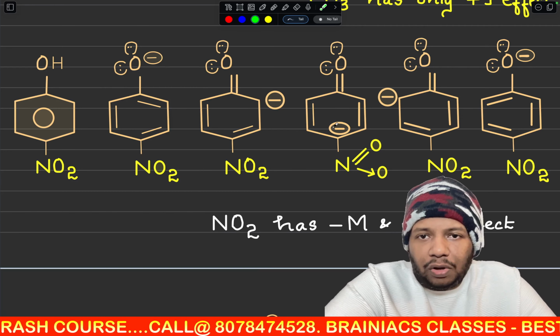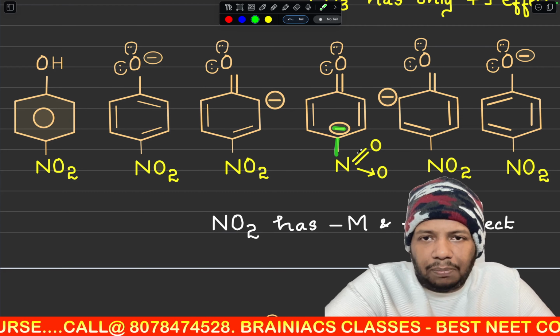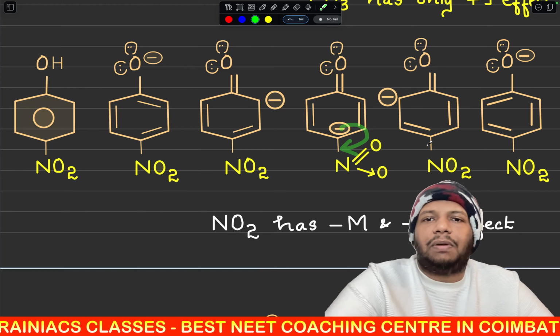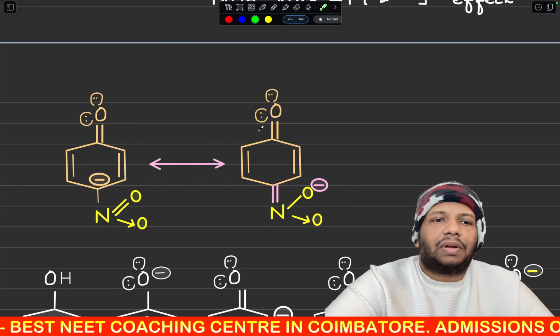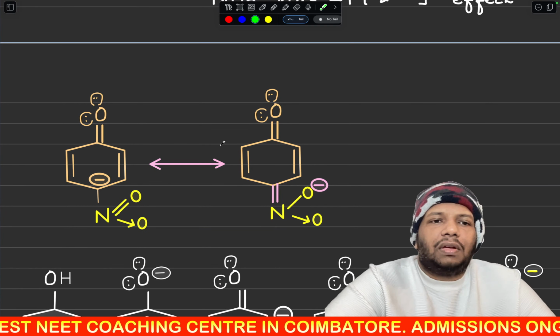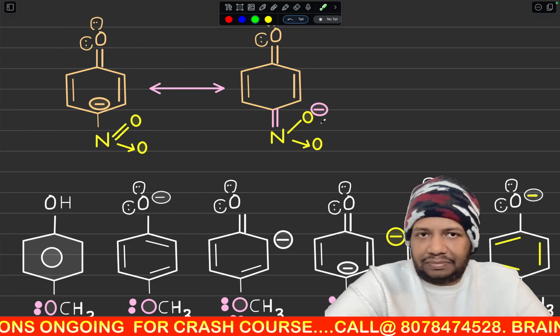And also you can see negative charge, single bond, double bond. So there is an extra conjugation. That means this will come out here as a double bond. You can see in this structure I have shown that. So here the negative charge is coming out as a double bond. That means for a moment this is becoming chargeless. There is no charge. That means stability is very high. Understood?